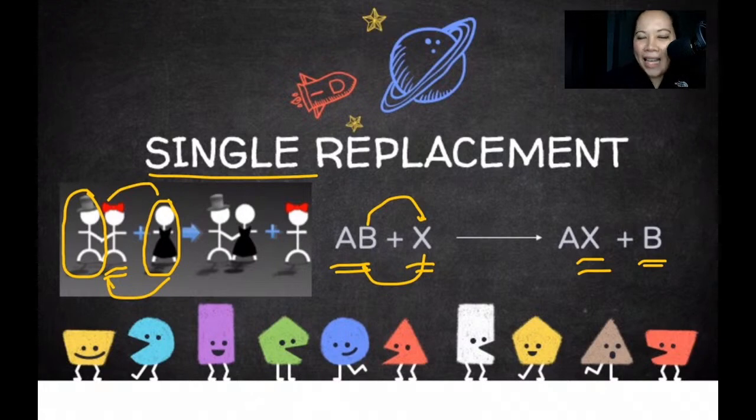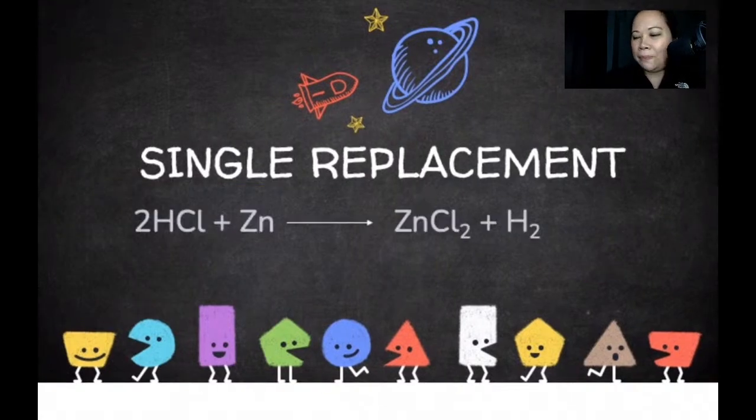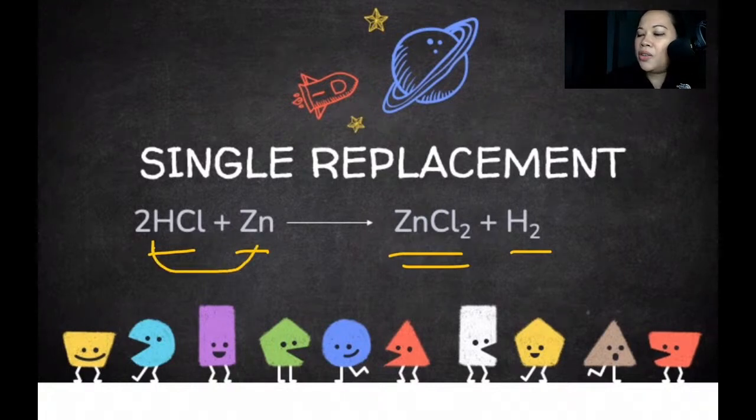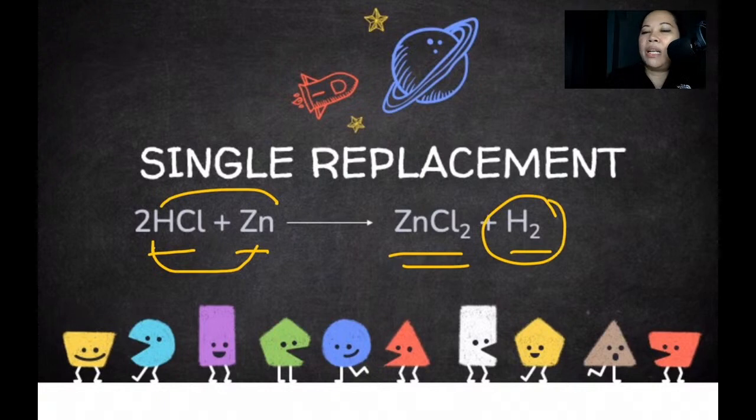Now we will again discuss, there are rules when they will replace or not. Okay, so those are different topic. So single replacement, you have HCl plus Zn will form ZnCl2 plus H2. Okay, so here you would see that Zn replace hydrogen, and then hydrogen becomes on its own.